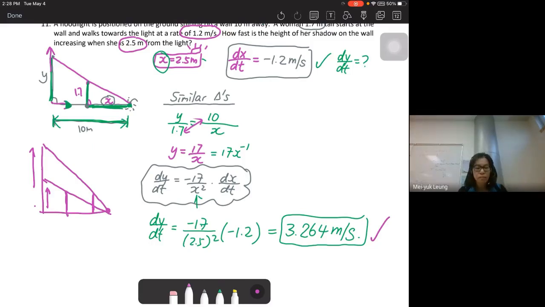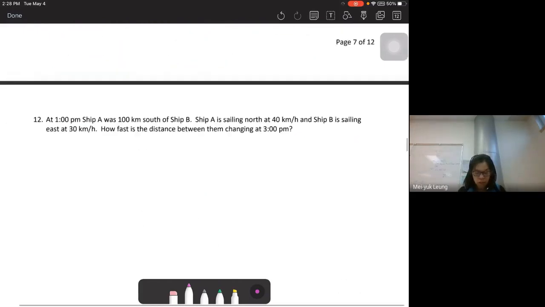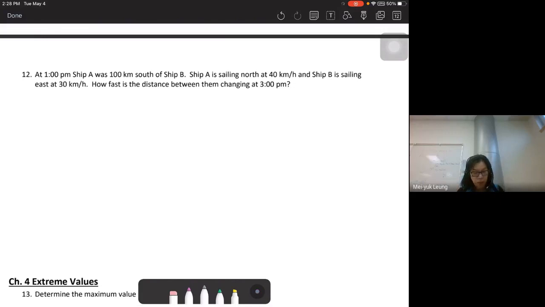Okay, one more question on this related rates problem. At 1 p.m., ship A was 100 kilometers south of ship B. So let's draw this: this is B, and we have another ship, A, down here, 100 kilometers apart.